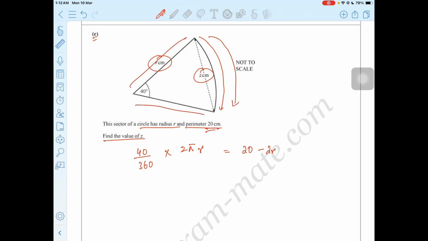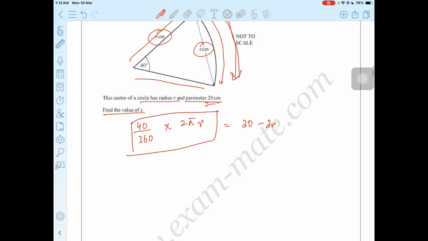So this is 20 minus 2r, and then you get the arc length. So this would be cancelled out. This would be 9, and then 2 pi r upon 9 is equal to 20 minus 2r.